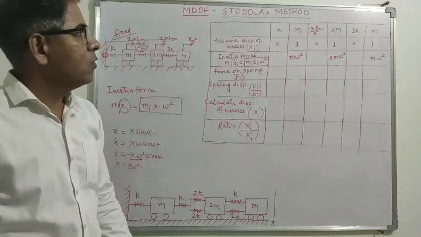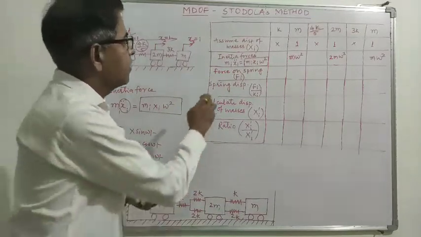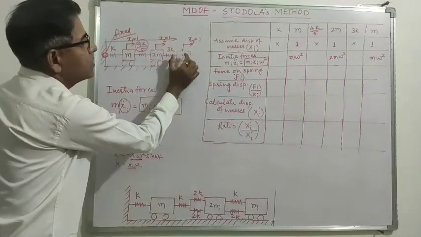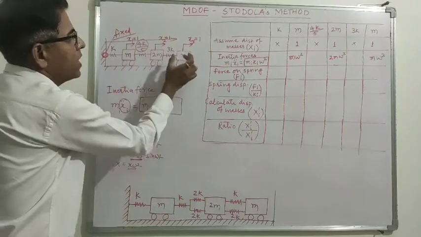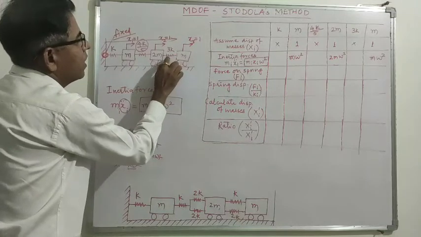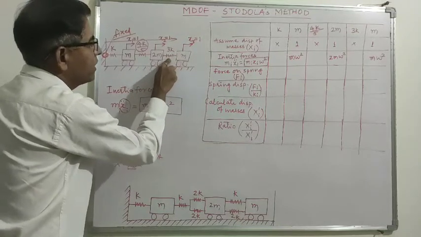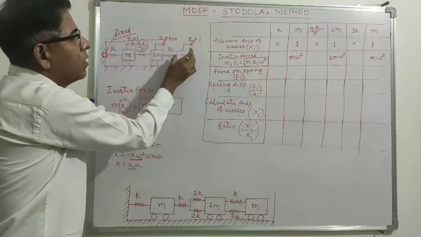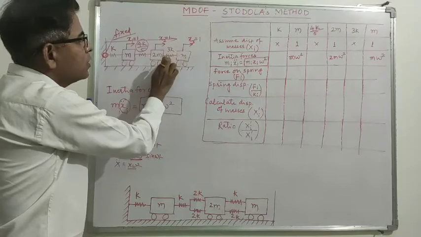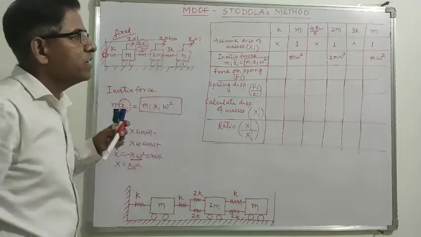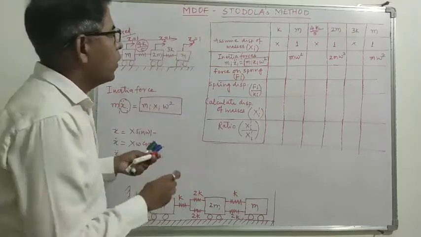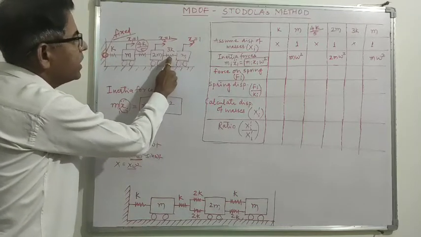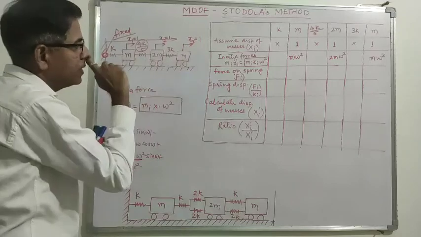Now, force on the spring. This mass is undergoing displacement. That means there will be a force on the spring. So the force on the spring will be equal to the inertia force. For the 3k spring, what is the inertia force?